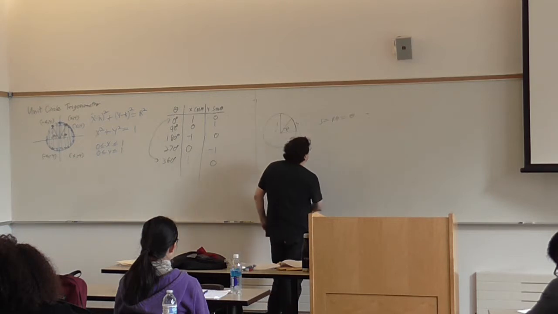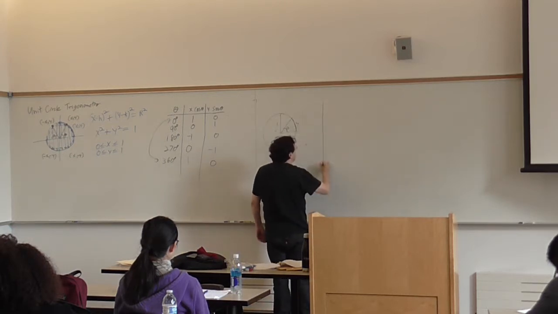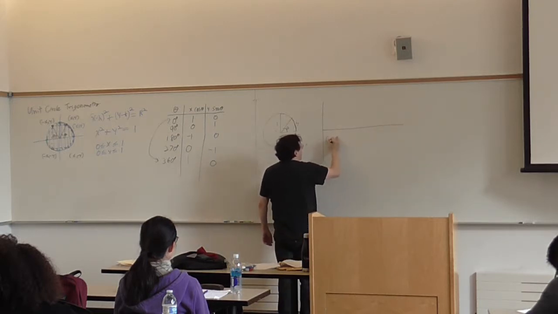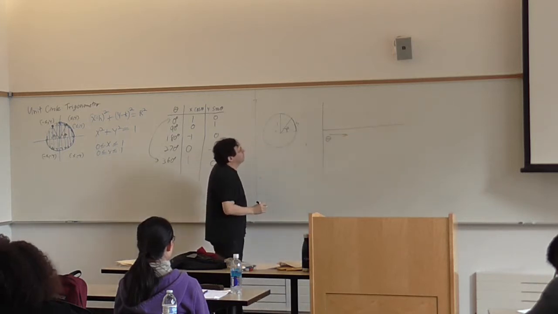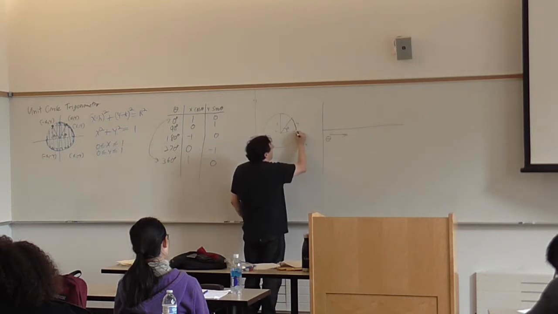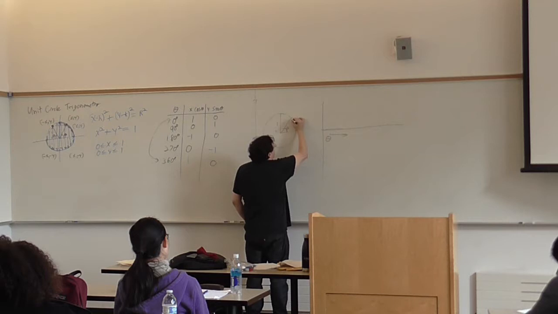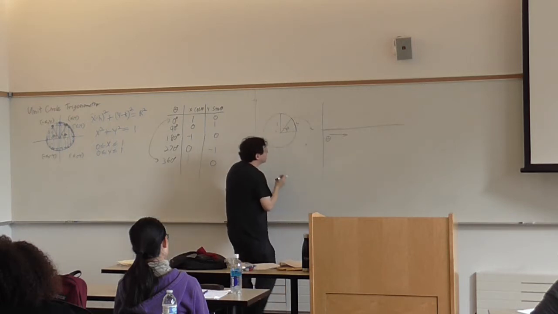So let's say I were to take, I'm going to create a new graph here. And in this direction, I'm going to go theta. So this line here is kind of this length stretched out in this direction.